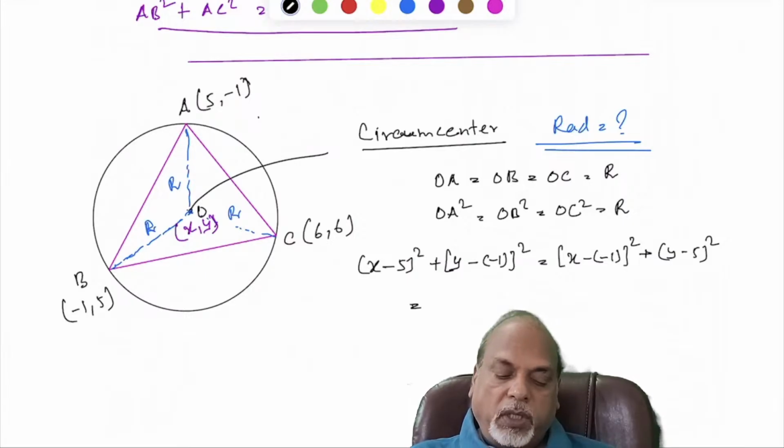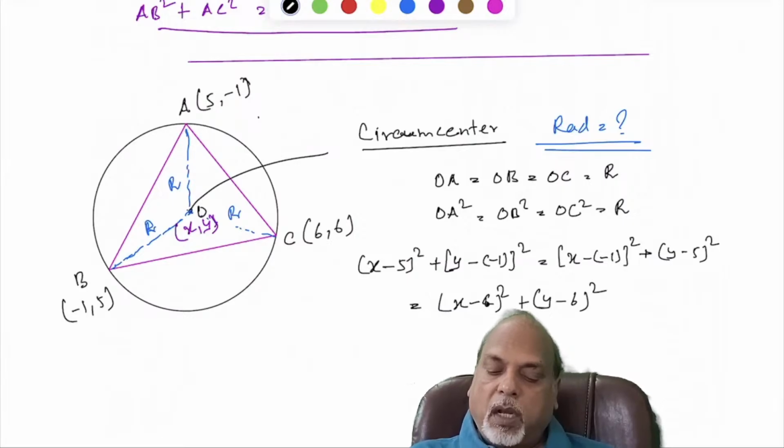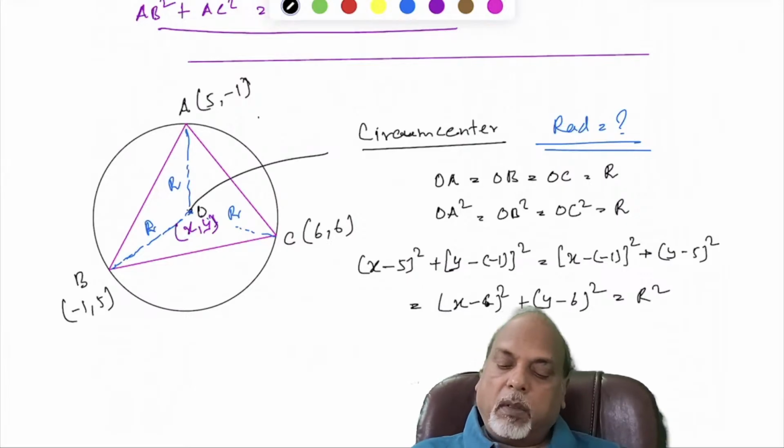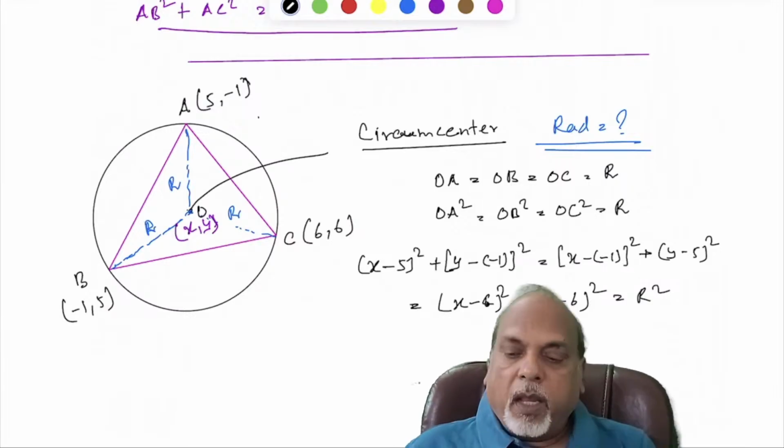What is OC square? OC square is nothing but x minus 6 square plus y minus 6 square, and that is equal to R square. Correct?